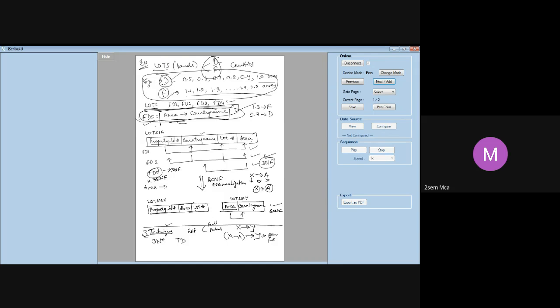That could be a possible case study question. Are you getting what I'm trying to say? Given any kind of general real-time application which is database related, you should be able to write an ER diagram for that. Okay, that will be a possible case study question.